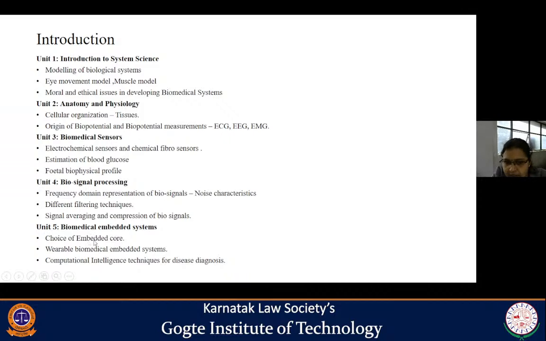It is an overview of all these components. Then wearable biomedical embedded systems: what are the different wearable biomedical embedded systems, or devices, we have? And last but not the least, computational intelligence techniques used for disease diagnosis, which will be discussed in unit 5 in brief.